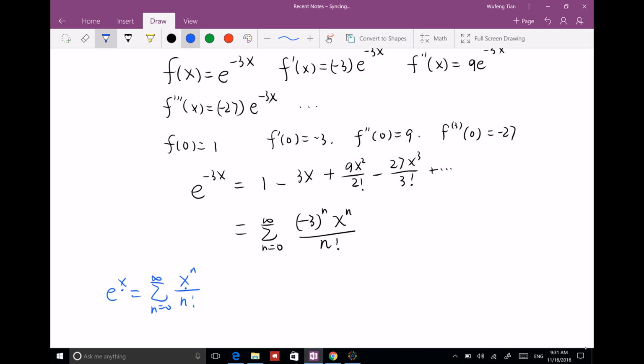Now, if I do e to the negative 3x, I just need to change this part: change the x into negative 3x. So in one step you get the sum from n equals 0 to infinity of (negative 3) to the power n, x to the power n over n factorial, which is exactly the same thing as this.